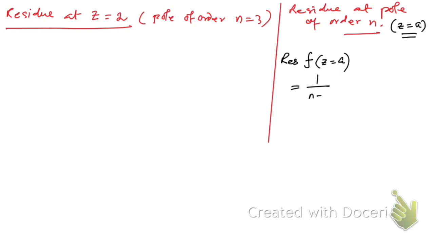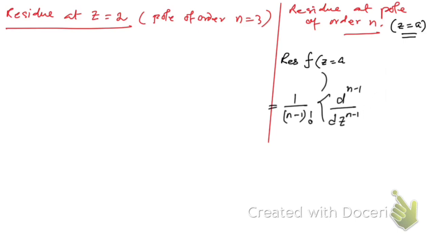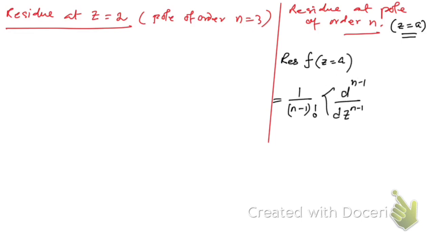In that case, the residue of f of z at z is equal to a is 1 by (n minus 1) factorial, times the (n minus 1)th order derivative with respect to z of (z minus a) whole to the power n, whatever be the order of the pole, times f of z, right? That's how we used to find it.